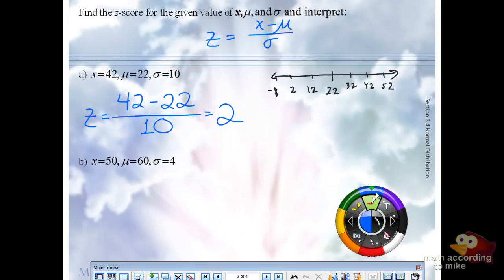Let's draw the standard normal. In the standard normal, 0 is the mean, and the standard deviation is 1. So this would be 1, 2, 3, negative 1, negative 2, negative 3.